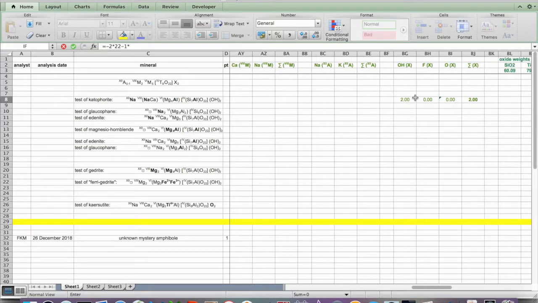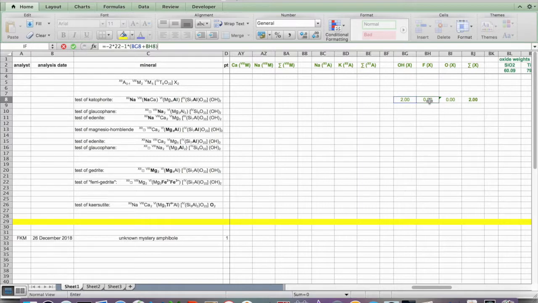You see that we have two potential -1 anions: we have the OH group, and we have fluorine. Now, in some more complex amphibole analysis, we may also have chlorine present, but in this case, we don't. So I'm just going to put my parentheses in here and then add OH and fluorine together. This represents the total amount of OH or F that's present, so all of the -1 anions.